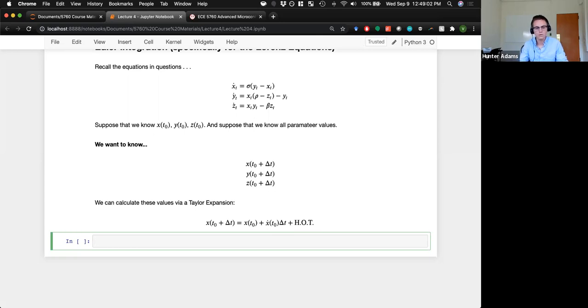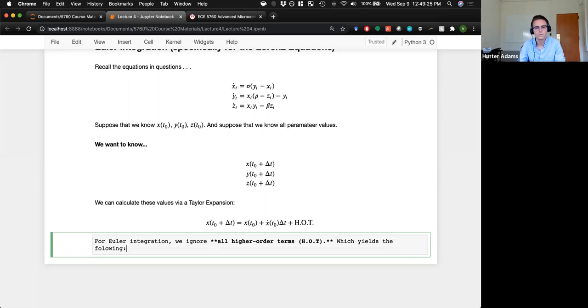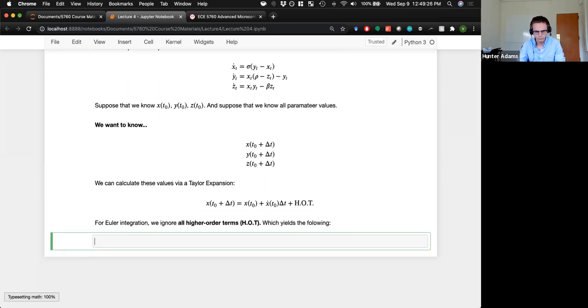So for Euler integration, we ignore all higher order terms, HOT, which yields the following. So then we get essentially this expression.